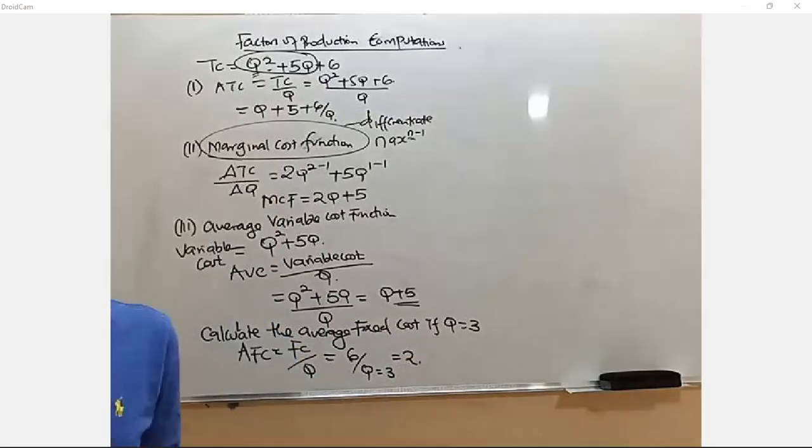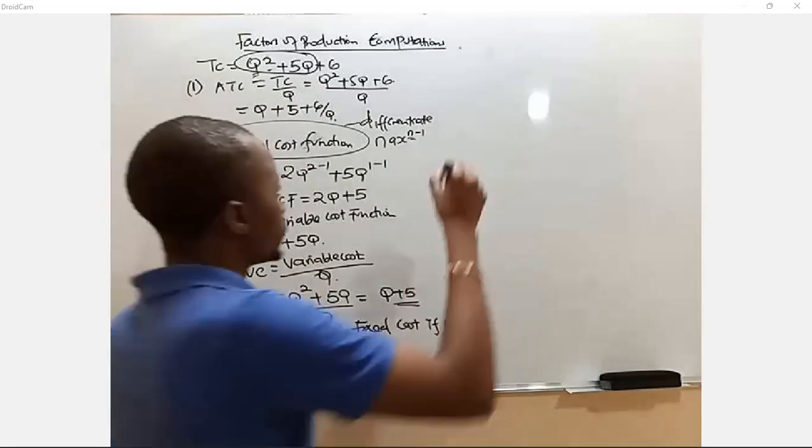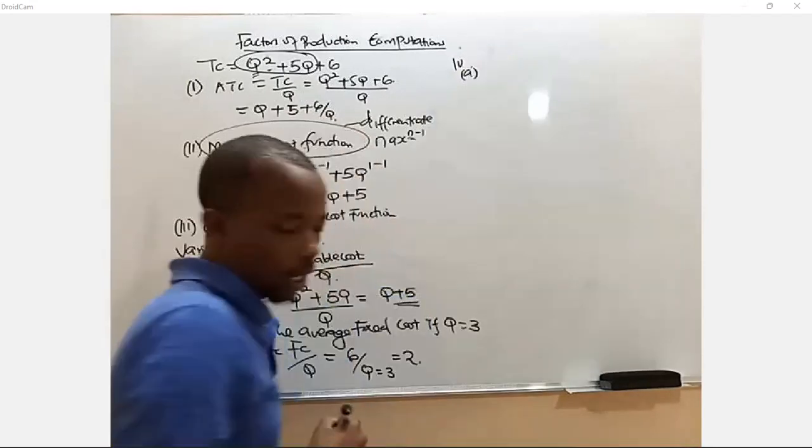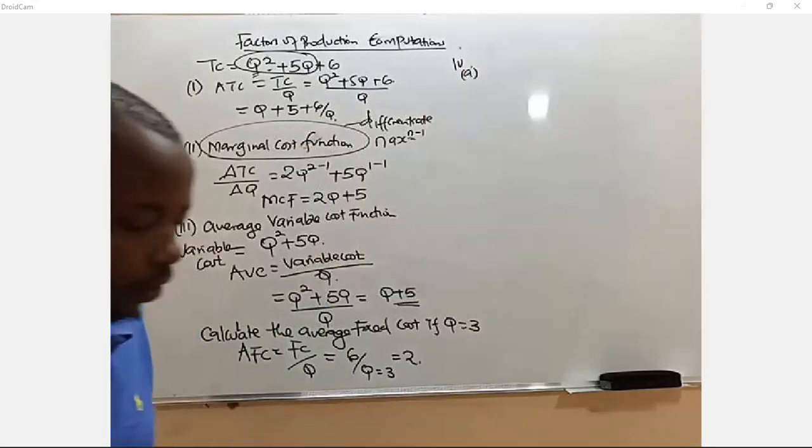Now, what will be the value of the following outputs of 100 units? Number 4A, they are asking us about the average variable cost.